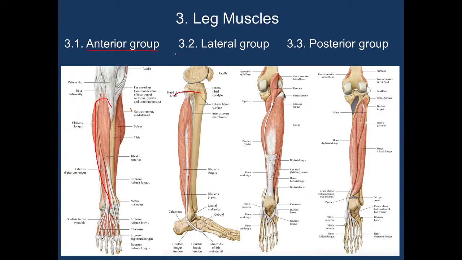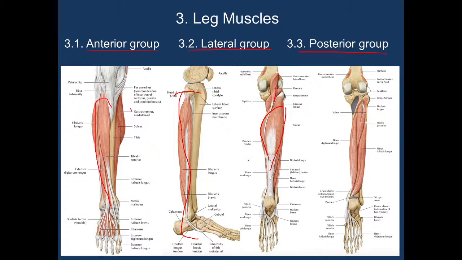Lateral group has two muscles, but posterior group has the forceful and strong triceps, or triceps surae, that's the correct name.